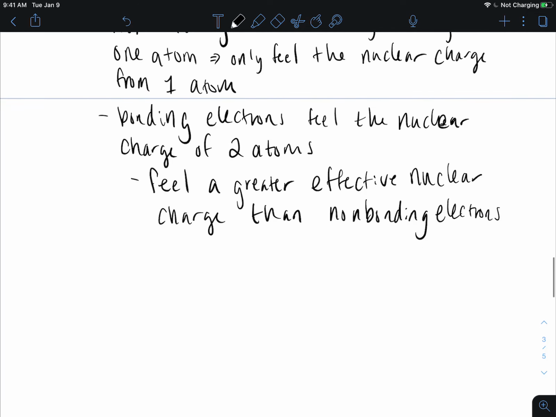Okay, so if we think about some atom, if it has a lone pair, that lone pair is going to feel less of an effective nuclear charge, so it's going to spread out more.